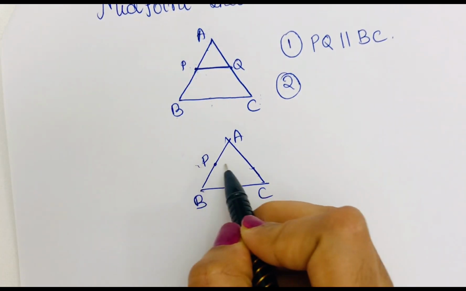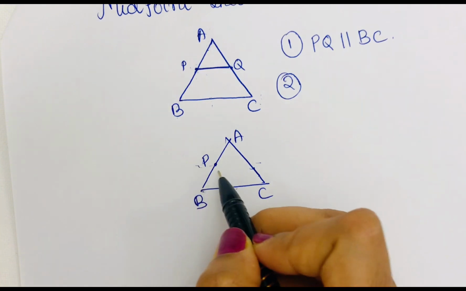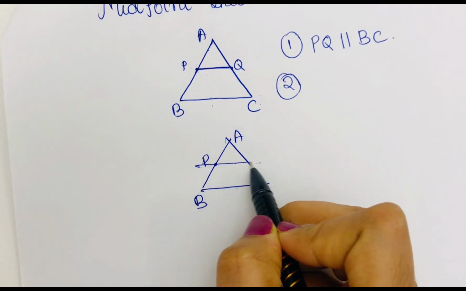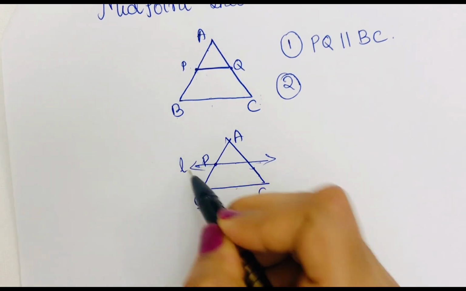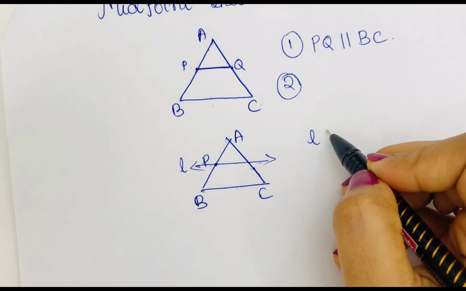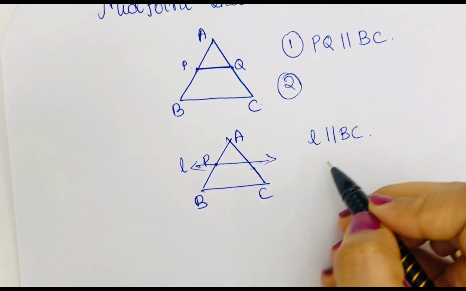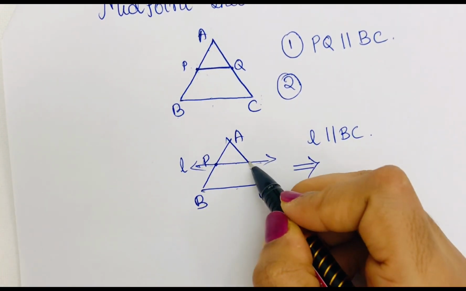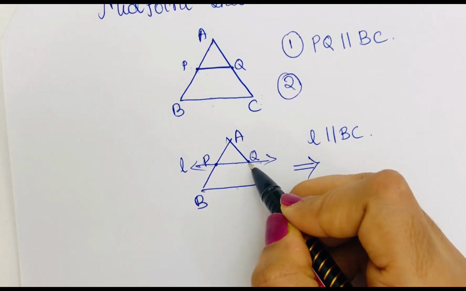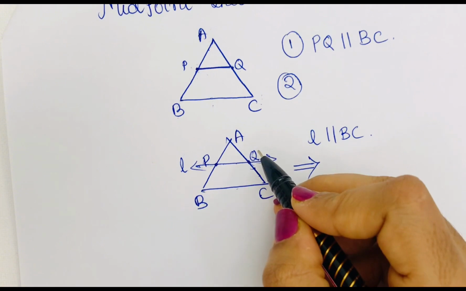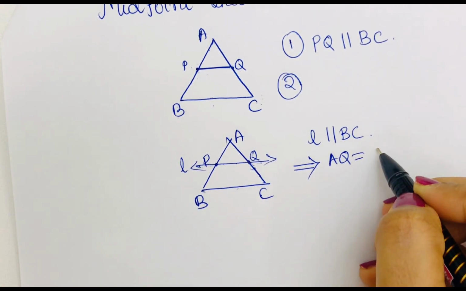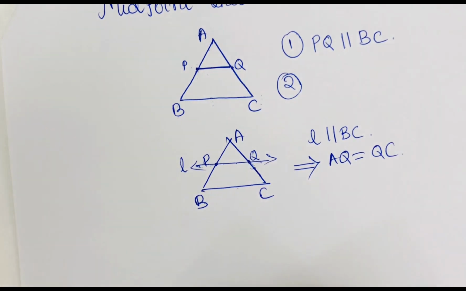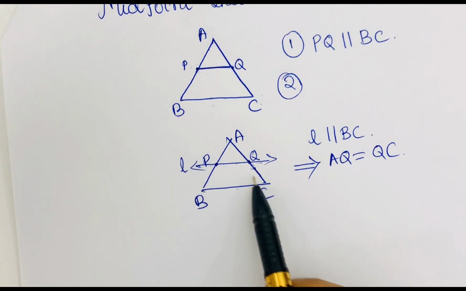If a line L is drawn in such a way that it is parallel to BC, and it intersects AC at Q, then AQ will be equal to QC. Then the line bisects the third side of the triangle.